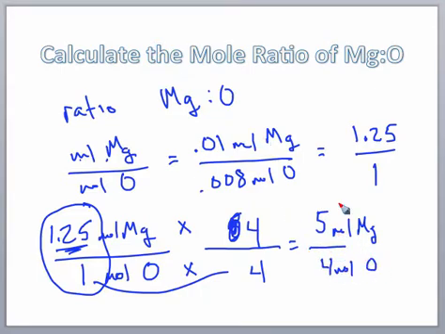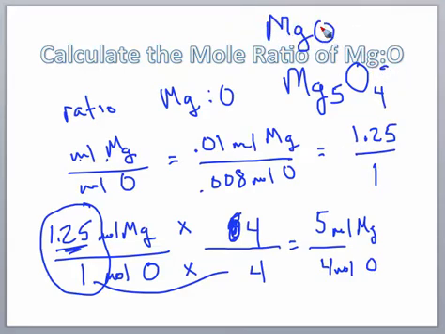So I found the formula to be Mg5O4, which is close to the actual formula MgO, but again, that's the whole point of doing a laboratory exercise, is seeing how closely your data can come to some standard or known value.